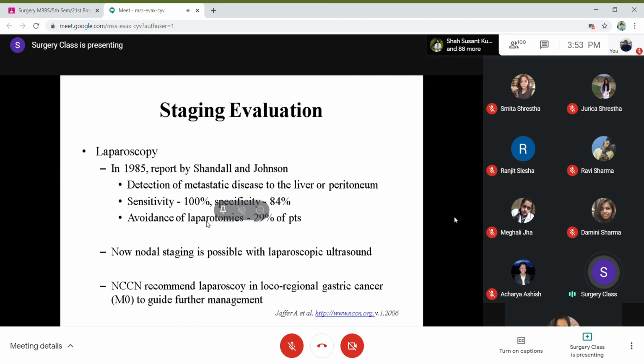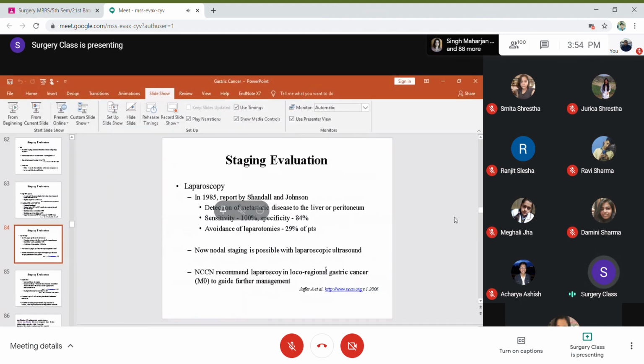In diagnostic laparoscopy, you see the liver, you see the peritoneum, you see whether the patient has developed ascites or not. In those sort of situations you do a diagnostic laparoscopy.